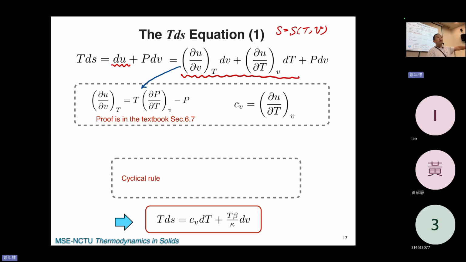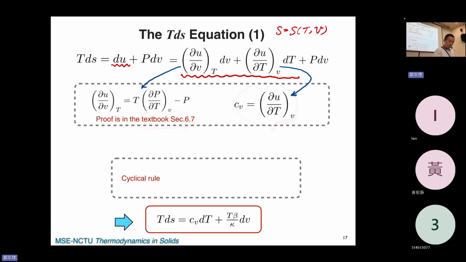They have a complete and straightforward proof for this, so I won't mention it here because of time limitation. We also know that partial u over partial T at constant V is actually CV. These two things you can either learn from the previous few pages or in the textbook.